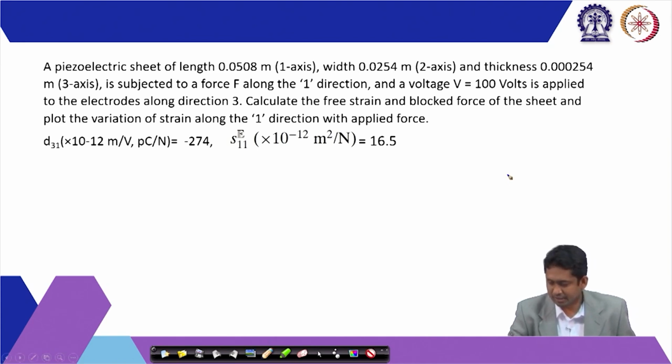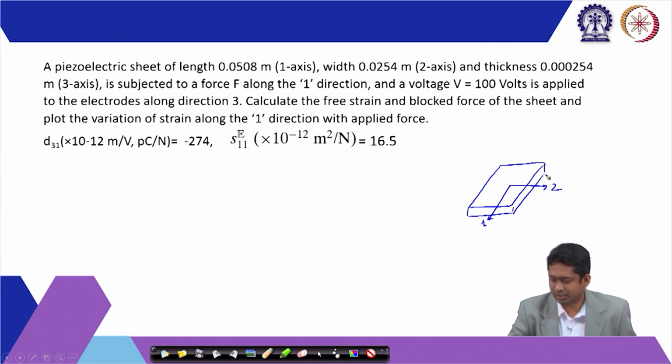So, the piezoelectric patch would look like this. And as we have seen, we have directions 1, 2 and 3. We call this direction 1, this direction 2, and this direction 3.